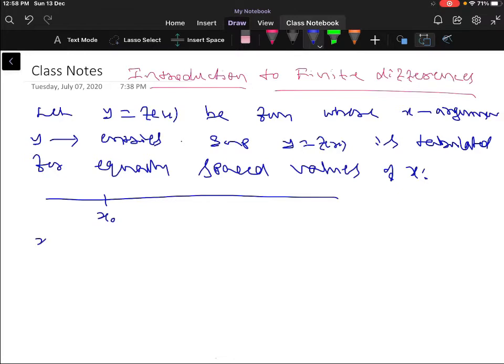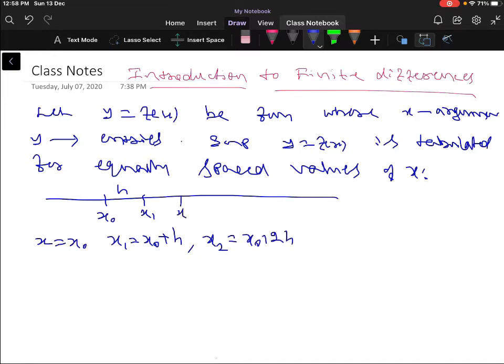Now x1 I can define as x naught plus h, where h is the difference between x1 and x naught. So the difference of x1 and x0 is h. x2 is nothing but x0 plus 2h.